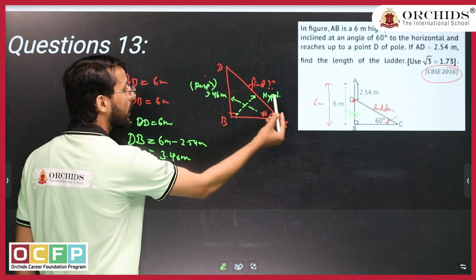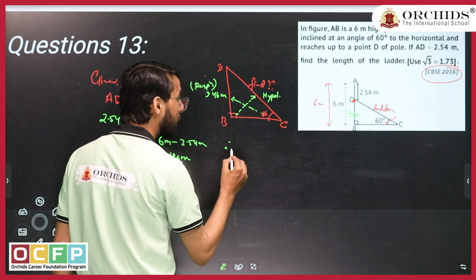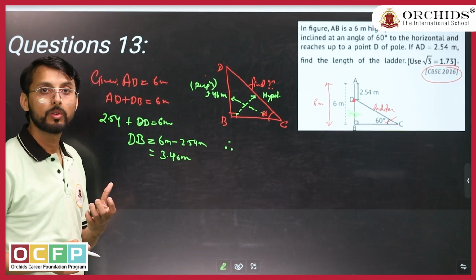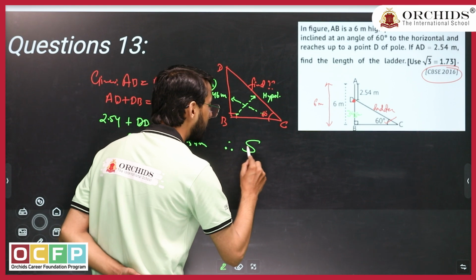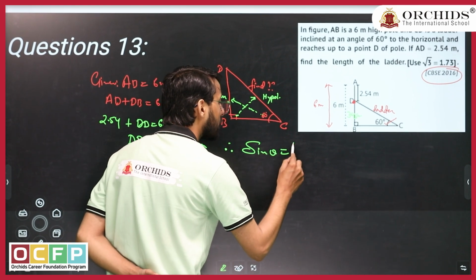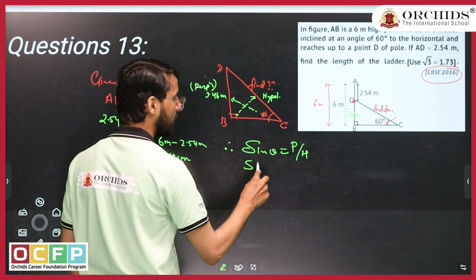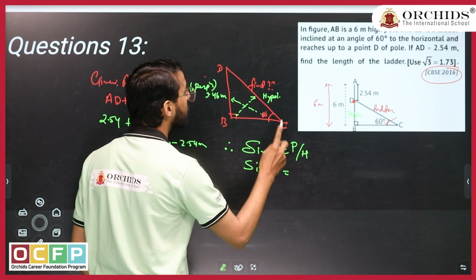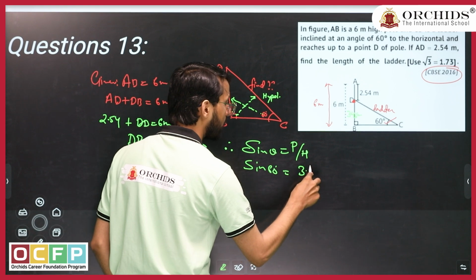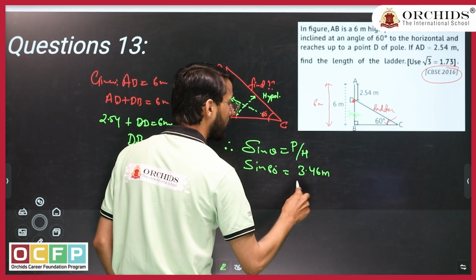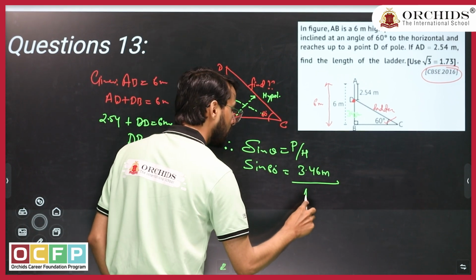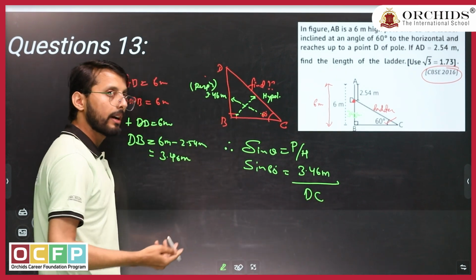Perpendicular and hypotenuse are related with which trigonometrical ratio? It is sine theta equals P by H. So instead of theta I have 60 degrees, so I can write sine 60 degrees equals perpendicular, which is 3.46 meters, and hypotenuse is the length of the ladder DC. That only I have to find.